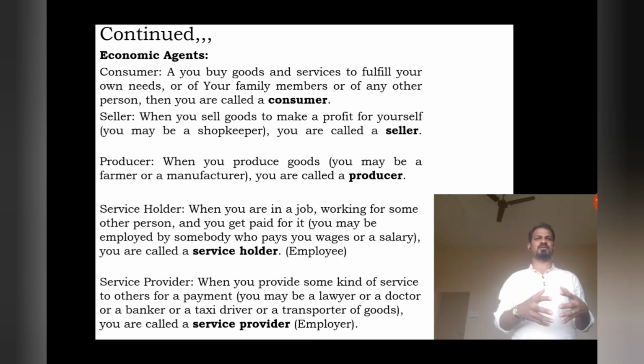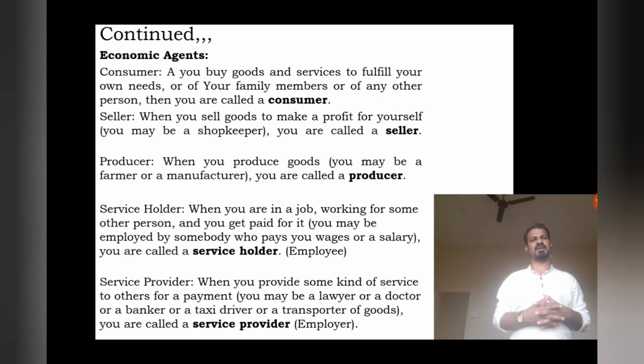Among these economic agents come the consumer, seller, producer, service holder, meaning employee, and then the employer, meaning a service provider. These entities or individuals we call in economics economic agents.